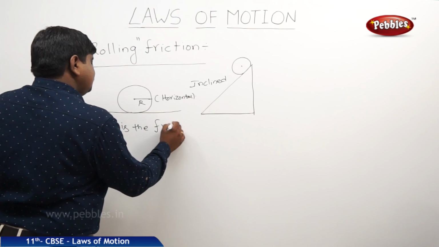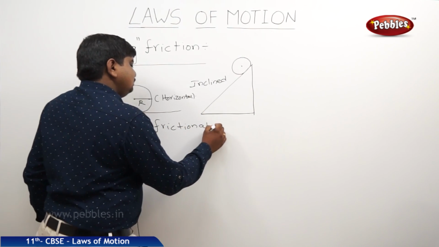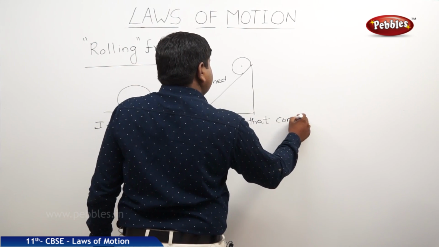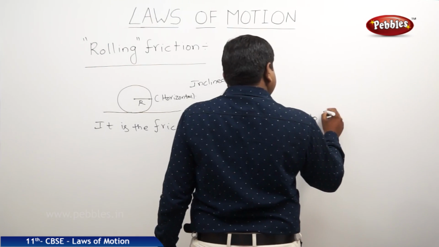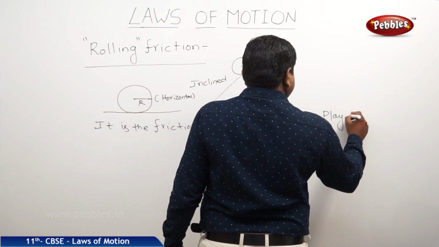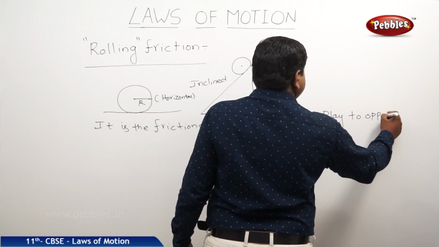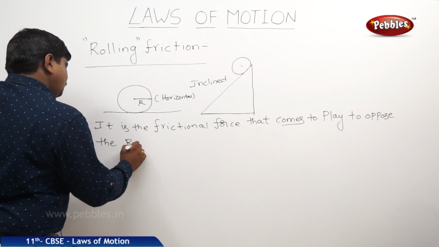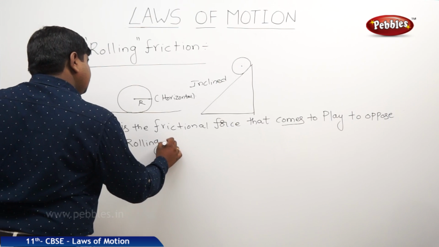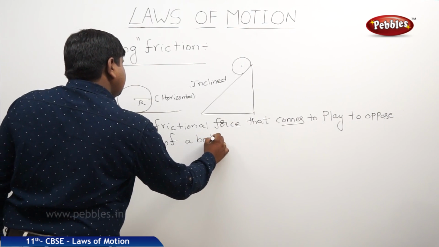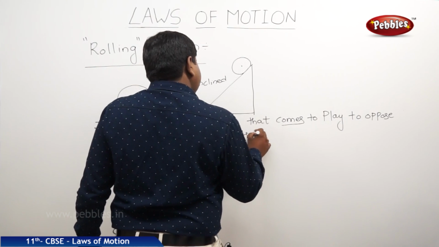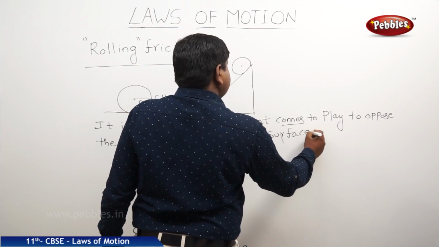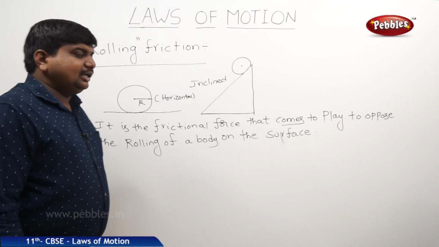It is the frictional force that comes into play to oppose the rolling of a body on the surface. This is called rolling friction.